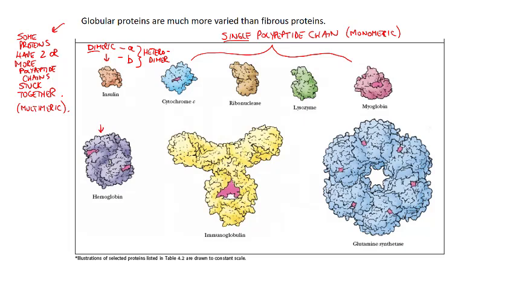Another multimeric protein is hemoglobin. Hemoglobin is said to be a heterotetramer. Tetramer meaning it has four chains. Hetero meaning they are not all the same.